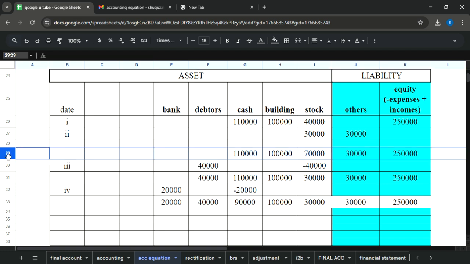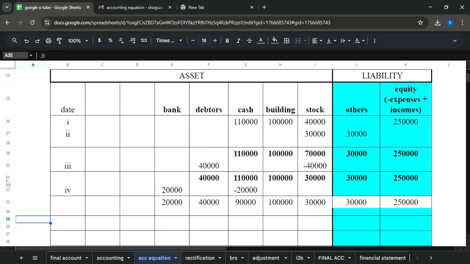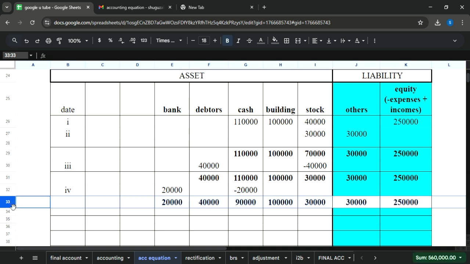I will make them bold so that you can understand that these are the sums we have taken. Okay guys, so let's get up.